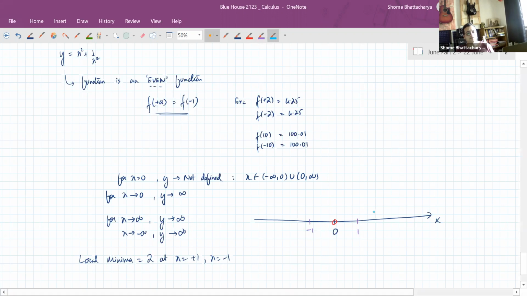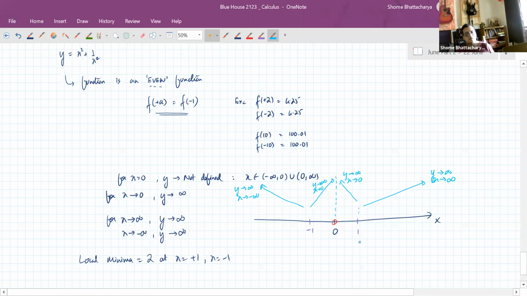Now the function goes to infinity as x tends to infinity. It goes to infinity as x tends to minus infinity. And then again goes to infinity as x tends to 0, from both sides.